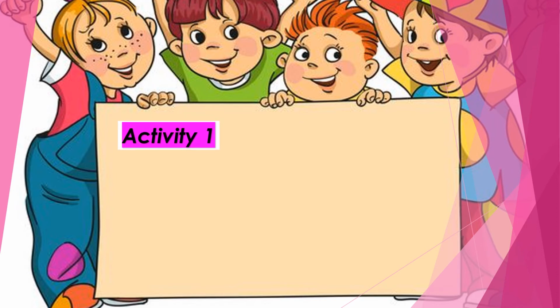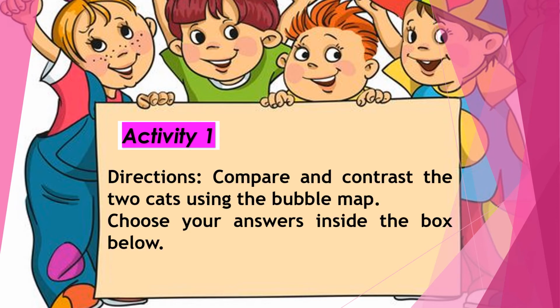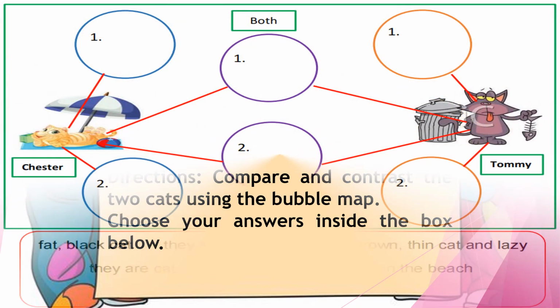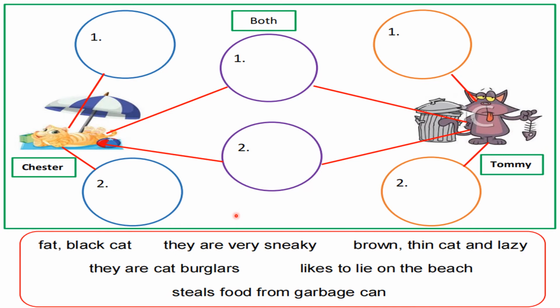Okay, here's Activity 1. Now, compare and contrast two cats using the bubble map. Choose your answer inside the box below. This is your activity. This is a bubble map. This is about Chester. Their differences here, 1 and 2. Then both, 1 and 2, and another difference between Tommy and Chester, 1 and 2.